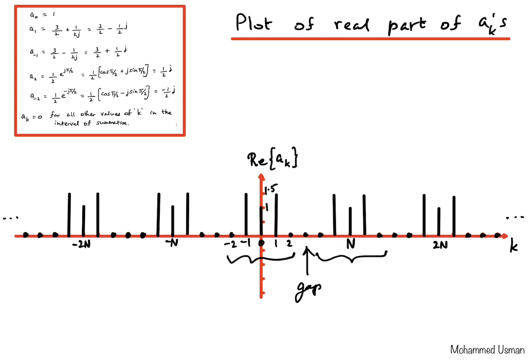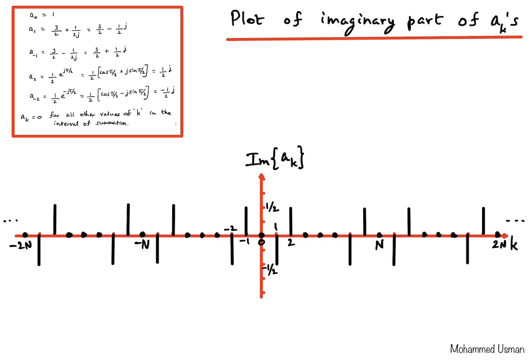Similarly, we can plot the imaginary part of these Fourier coefficients. In this case, the imaginary part for the first term, a0, is 0. It's 1 plus j0, so the imaginary part is 0 because a0 is real. Corresponding to a1, the imaginary part is minus half for k equal to 1, and for k equal to minus 1 it is plus half.